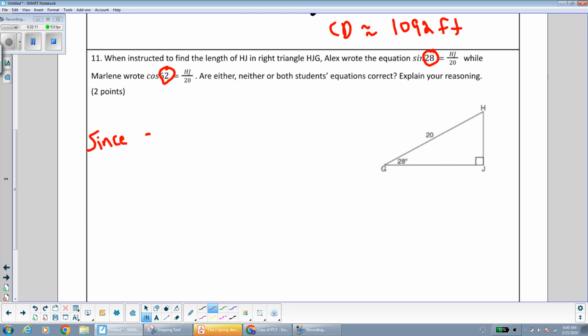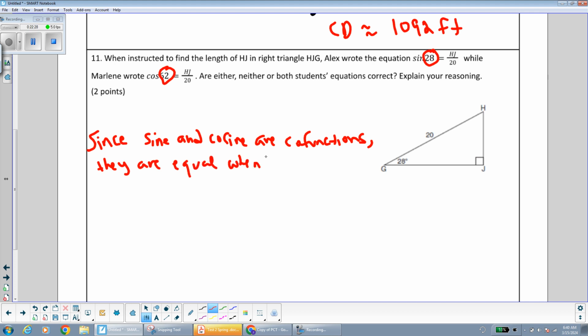Since sine and cosine are cofunctions, they are equal when their angles are complementary.